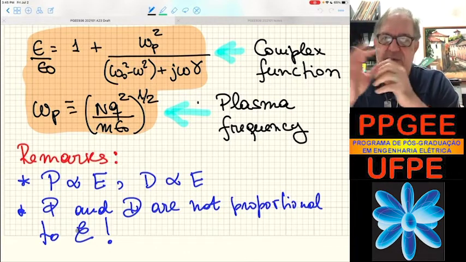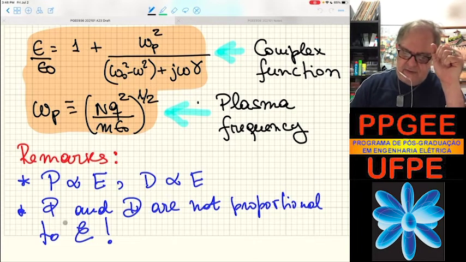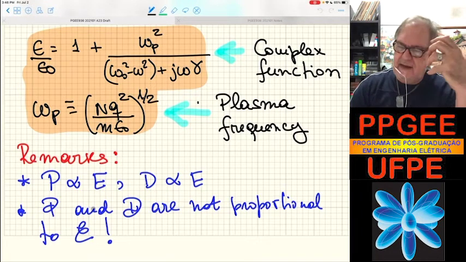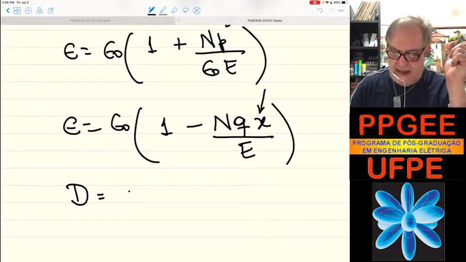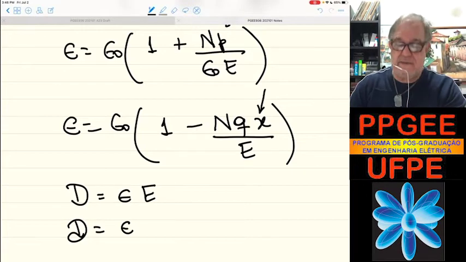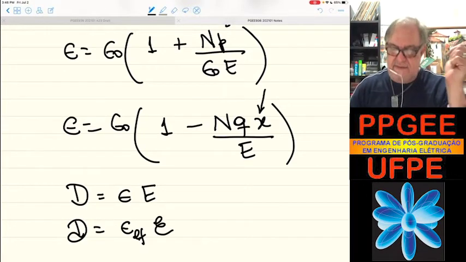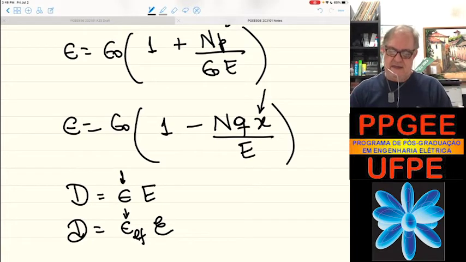They are similar, but not exact multiples of one another. So I cannot say that D equals epsilon E. I cannot say that D equals something like an epsilon effective times E, because we don't have this parameter in the time domain. This is a complex parameter, so D and E are not related by that.